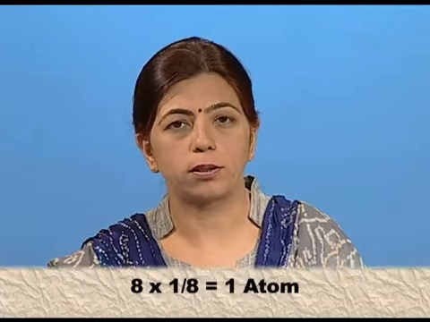Now, as I have explained, in a simple unit cell there are atoms only at the corners, and each corner is contributing only 1/8, and there are 8 corners. So, in the simple unit cell, the total number of atoms will be 1.